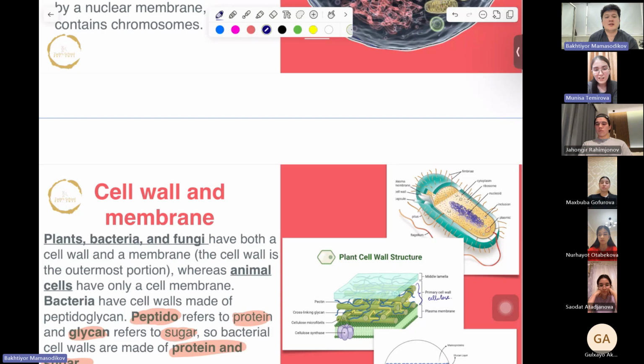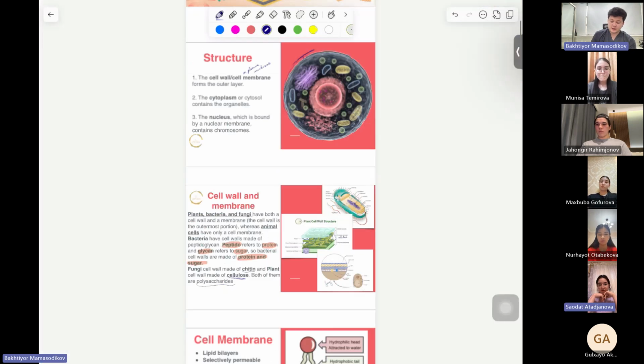Yes. Saodat, cell wall of plants. Cellulose. Cell wall of bacteria, Saodat. Peptidoglycan. Okay, that's good.